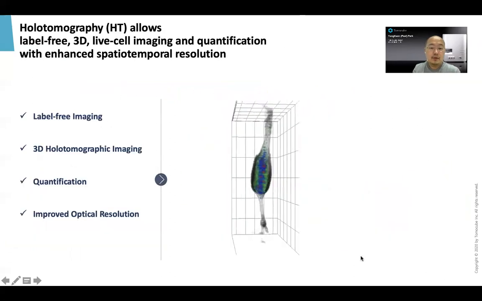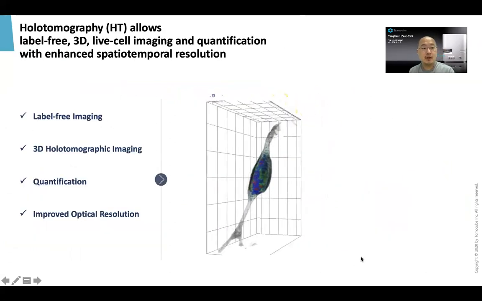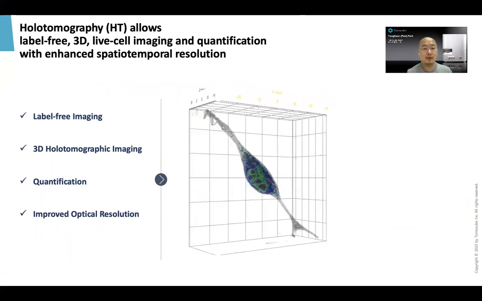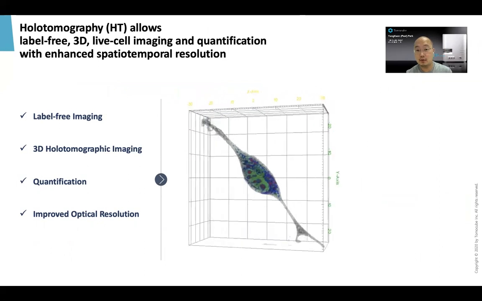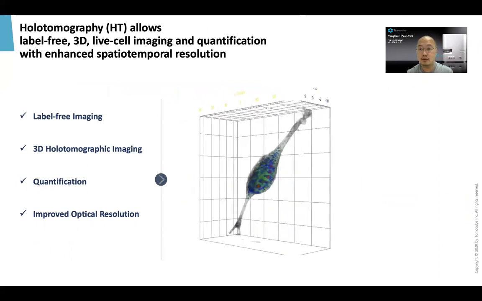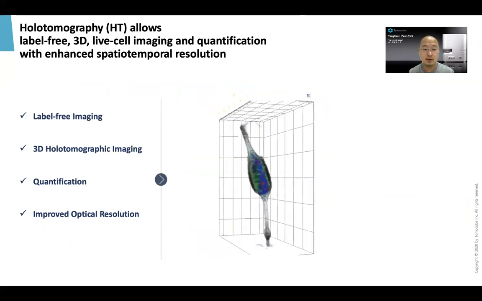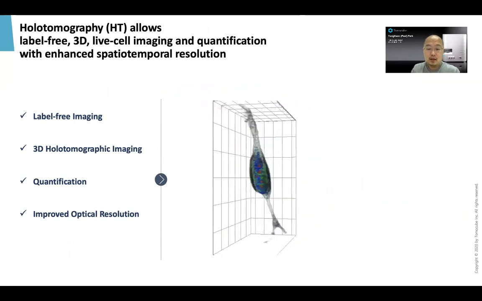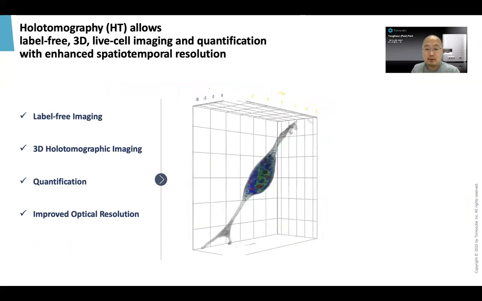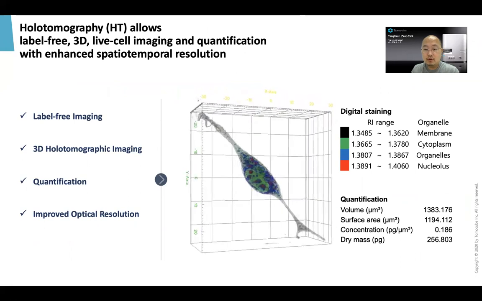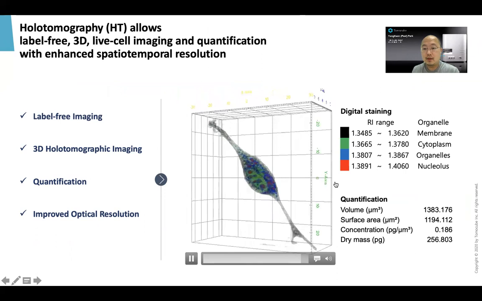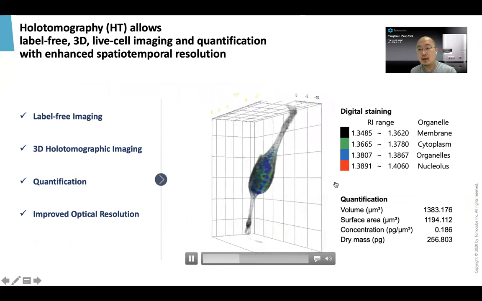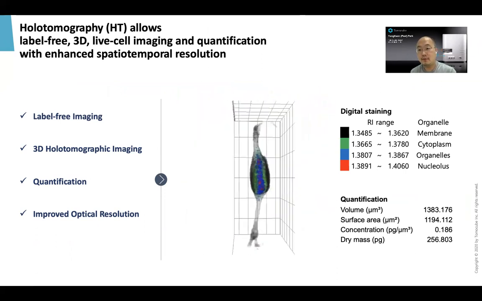So, as I mentioned before, HT allows label-free, three-dimensional, and light-free imaging, as well as quantitative analysis of the subcellular organelles. Not just providing these three-dimensional images of the cell, from those quantitative numbers of refractive index you can perform further analysis.